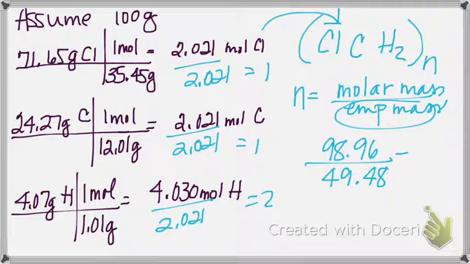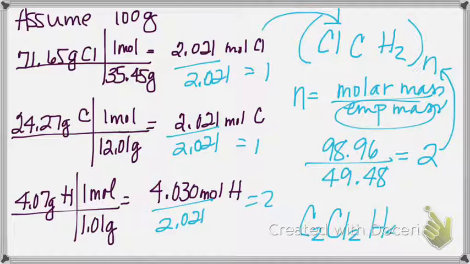Okay. So if I divide that, that gives me 2. So now I plug that in there. So what is my molecular formula? Usually you put the carbon first, so we're going to reverse that around. And that would be my molecular formula.